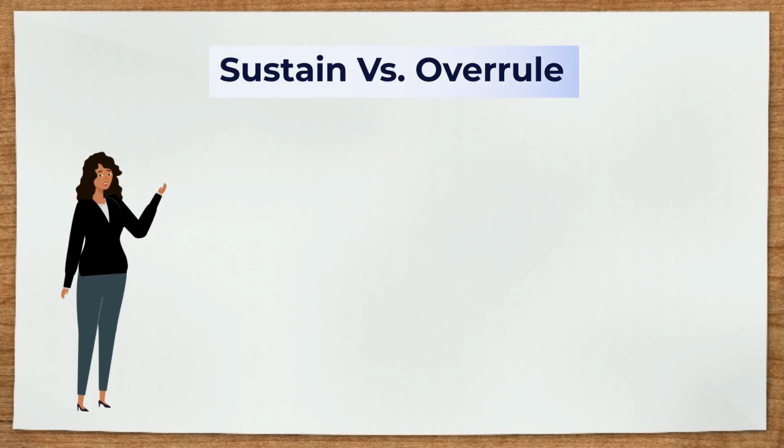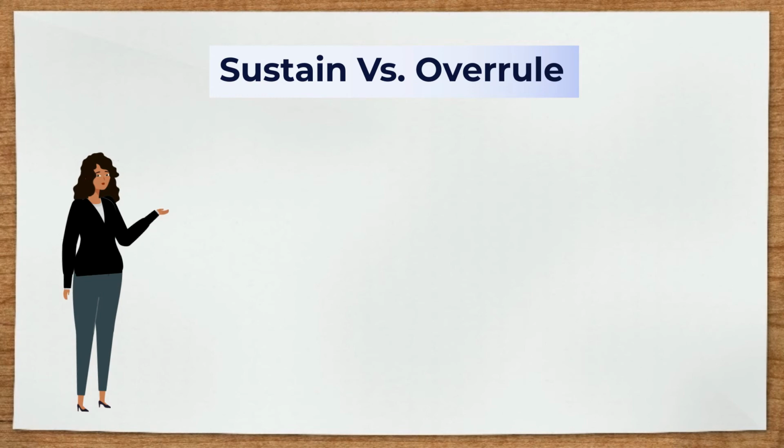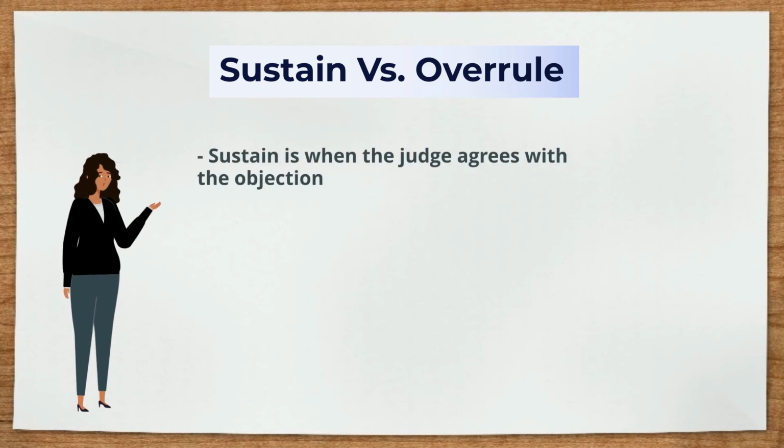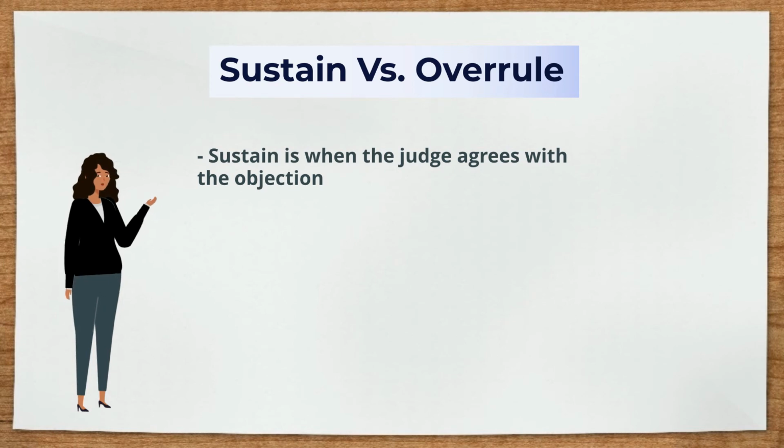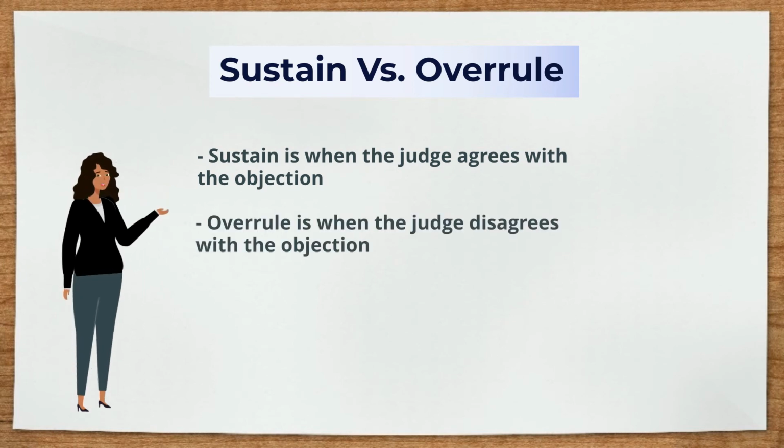If a judge sustains the objection, it means that the judge agrees with the objection and disallows the question, testimony, or evidence. If the judge overrules the objection, it means that the judge disagrees with the objection and allows the question, testimony, or evidence to be submitted under oath in court.